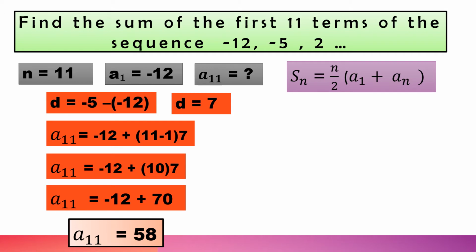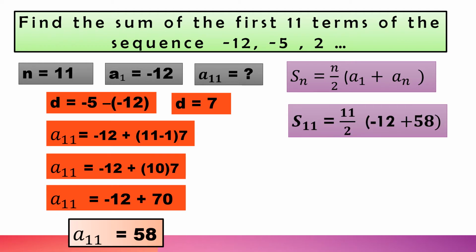Since we now have a sub 1 and a sub 11, we may now compute for the arithmetic series. Substituting the given values, we will then have S sub 11 is equal to 11 over 2 times the quantity negative 12 plus 58.